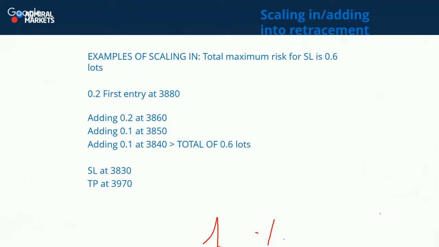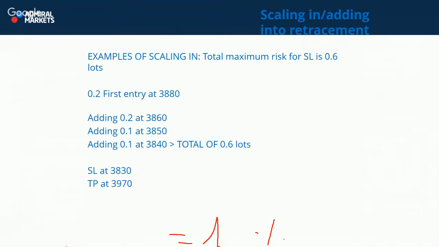So that is the primary thing. You need to know how to calculate your risk. So 50 pip stop loss and 0.6 lots entry. We have calculated that it's 1% of our account. So it's good. Of course, this always depends on your account. This is just an example.